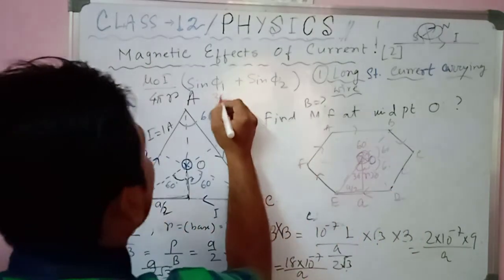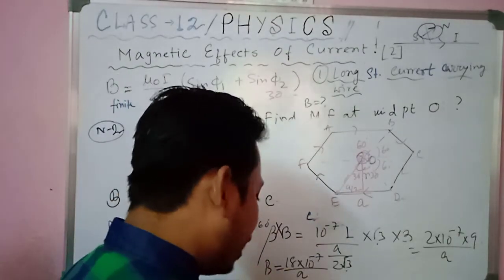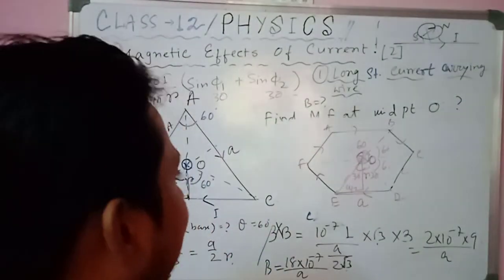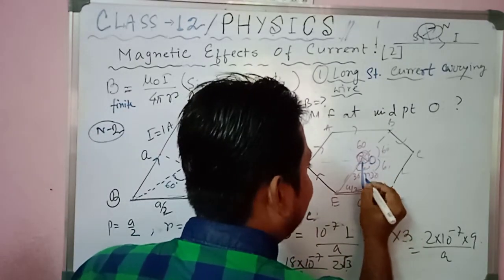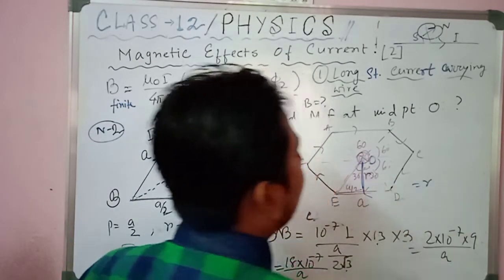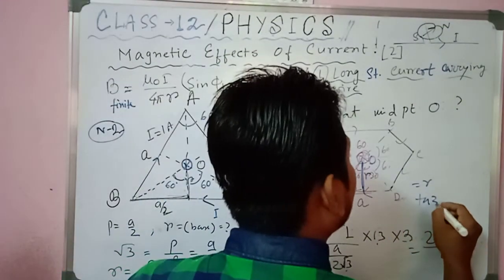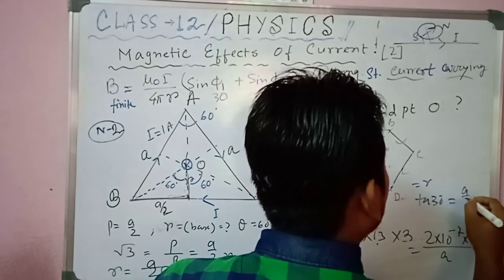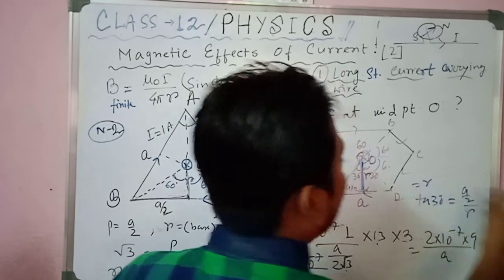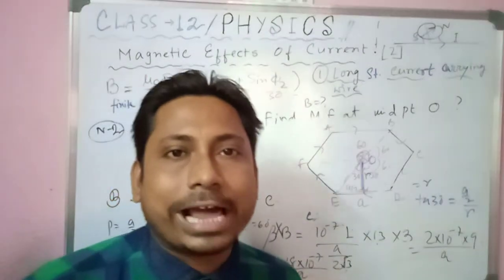So you have to put sin 30 and you will get the answer. The only thing you have to do is find the value of R, which you can calculate with tan theta. Tan 30 is perpendicular by base. Perpendicular is A by 2, base is R. So from this you get it. So for a regular hexagon, you can also calculate the magnetic field.